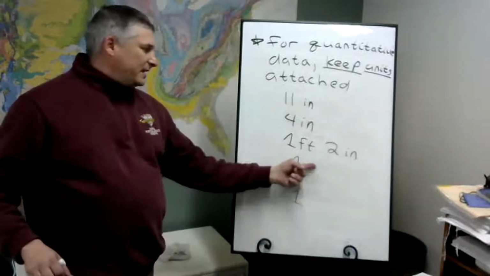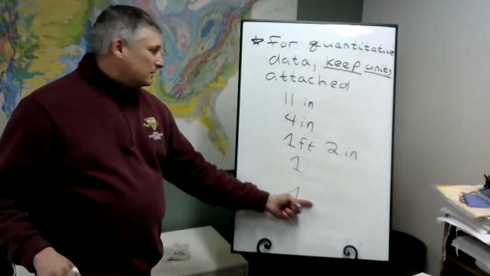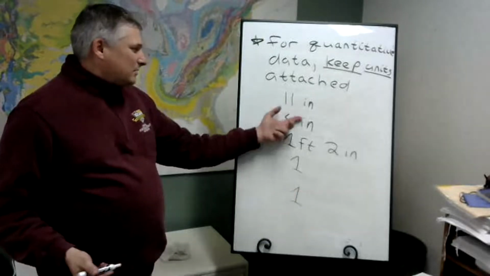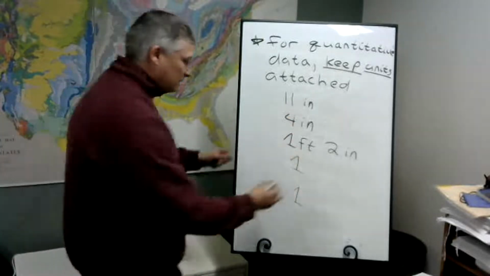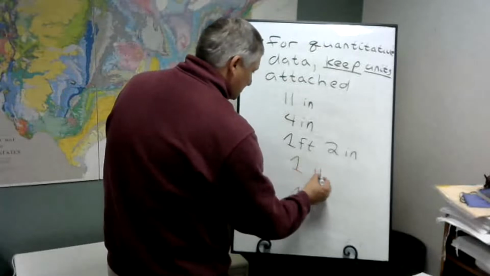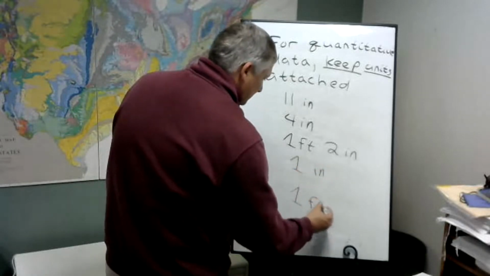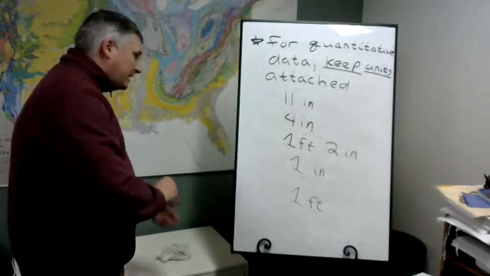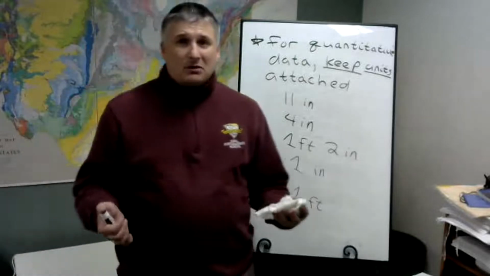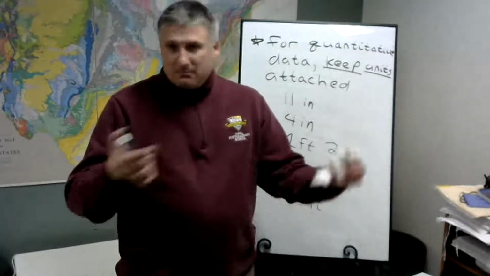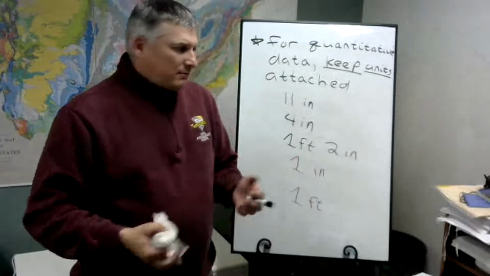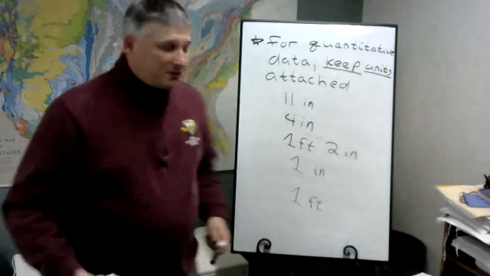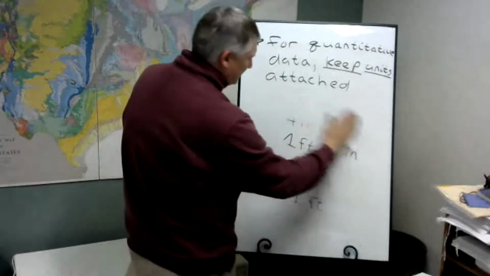And if I don't put the inch and the foot here, well, we might be left guessing. Are we talking inches or are we talking feet? So better make sure I include my inches and include my feet here. And if you don't put any units on, well then we're not quite sure how you measured this.